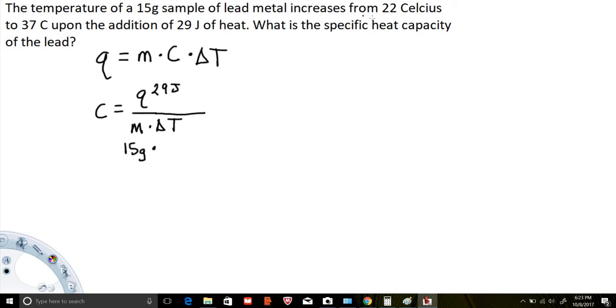So this is a good thing to take note of, and we are given the temperature change in Celsius, but specific heat uses the units of Kelvin, but since it's the change in temperature, once you convert it over, it's still going to be the same difference because it's final minus initial.